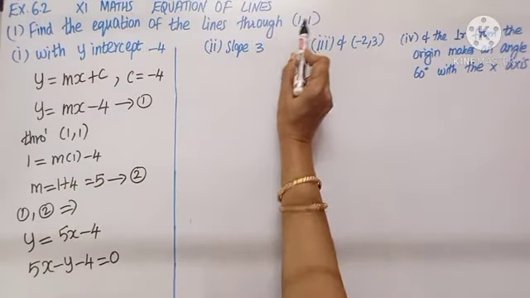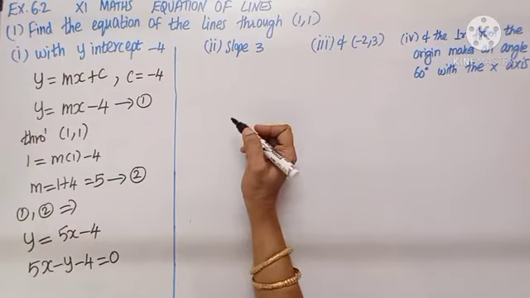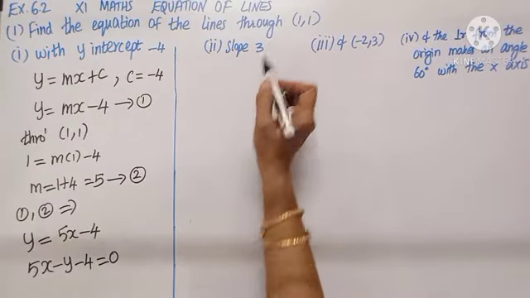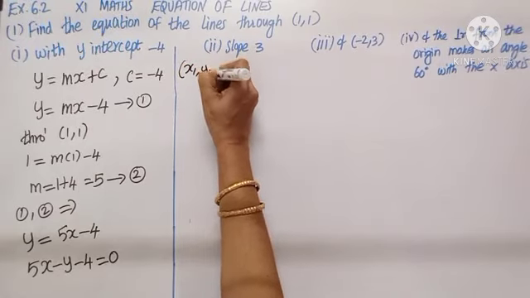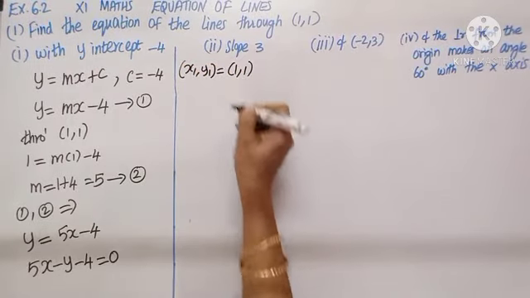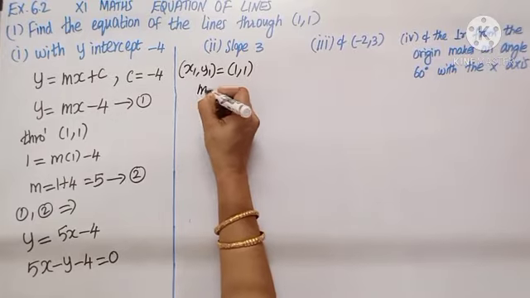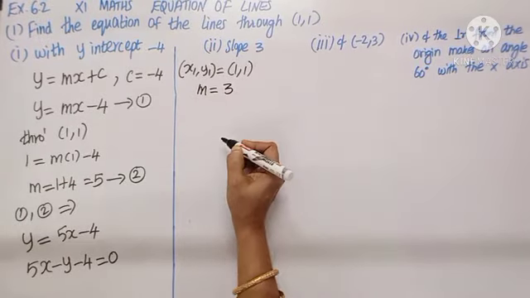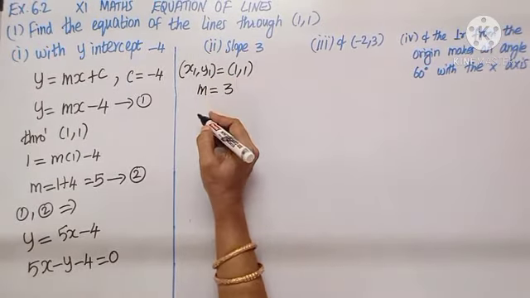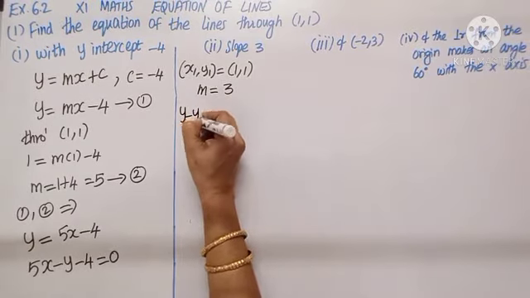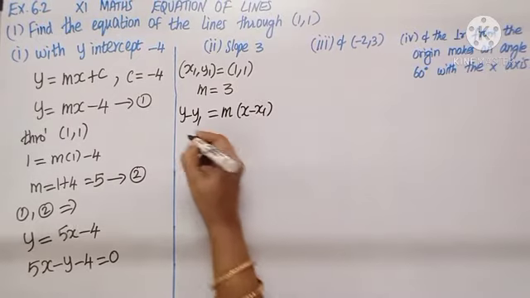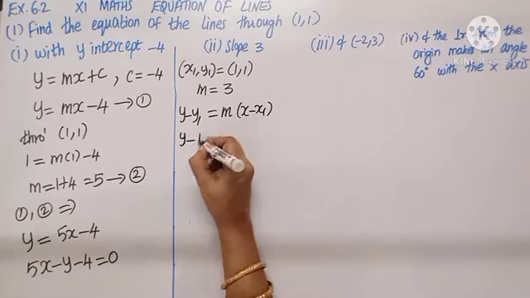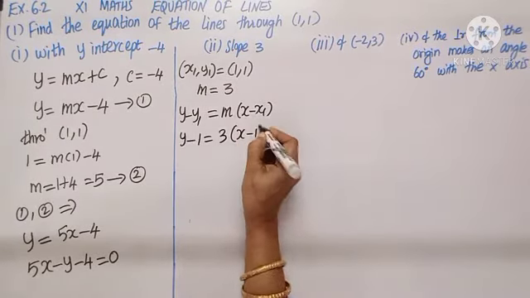Second subdivision. Through (1, 1) and slope is 3. Whenever we are given a point, call the point as (x1, y1), that is (1, 1). Slope you call as m, that is 3. When I know point and slope, what is the equation? y minus y1 equals m into (x minus x1). y1 is 1, m is 3, x1 is 1.